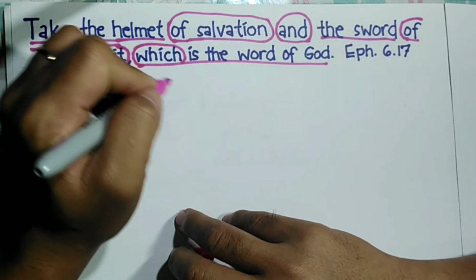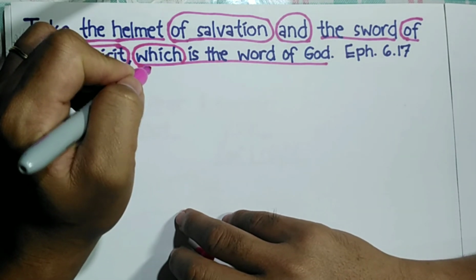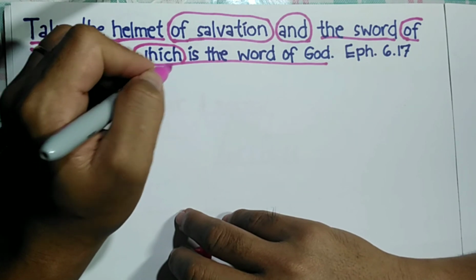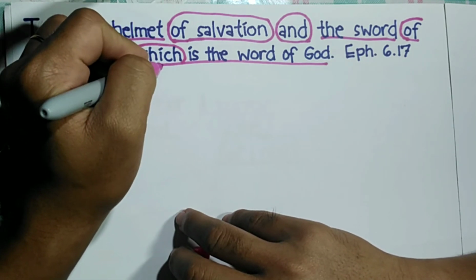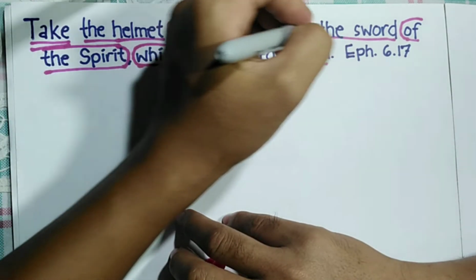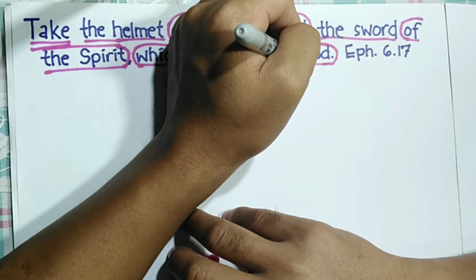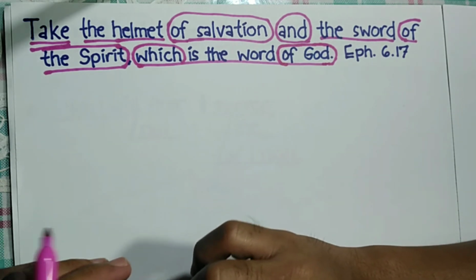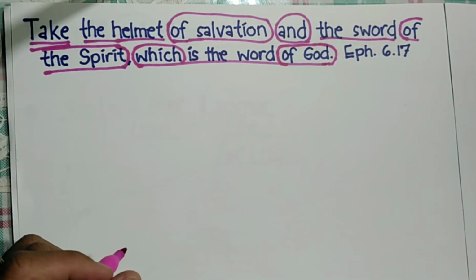Whenever we use the word clause, it means that it has a subject and a verb. So we have the subject which, and then the verb is. We also have the word of as the preposition, and God as the object of the preposition. Now we're done. It's time for us to diagram it.